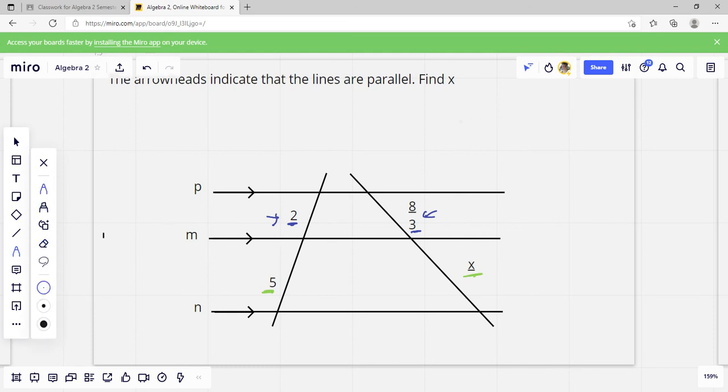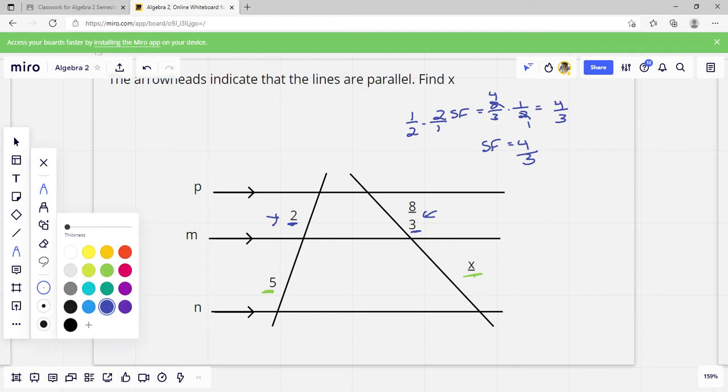I've got 2 times my scale factor equals 8 over 3. When I have a whole number here, all I have to do is turn that into a fraction and then flip and multiply. Instead of dividing by 2, I'm going to do times 1/2, because they mean the same thing. Then I can cancel right here, and I get 4 over 3. So my scale factor equals 4 over 3. Now I just multiply this one down here times the scale factor to find out the other side.